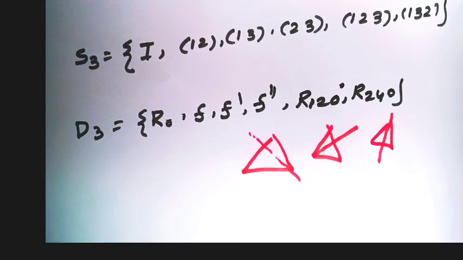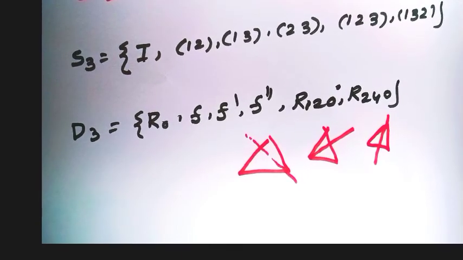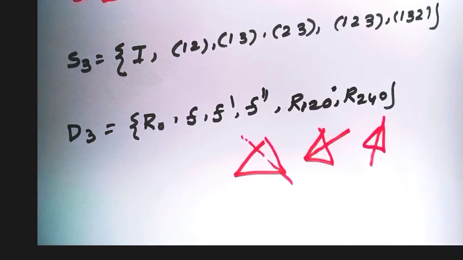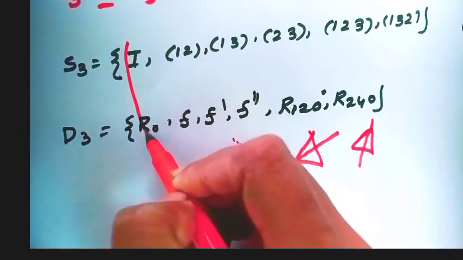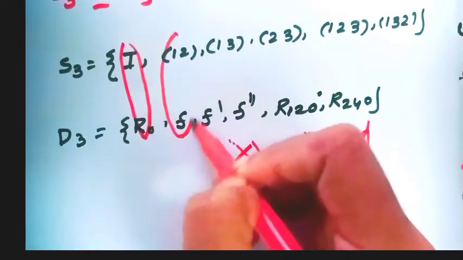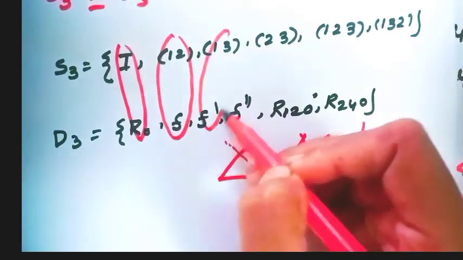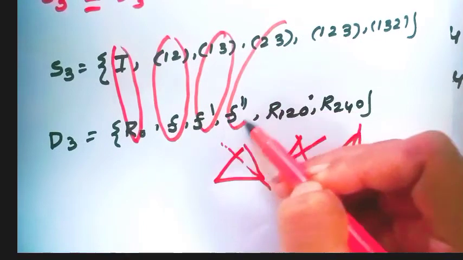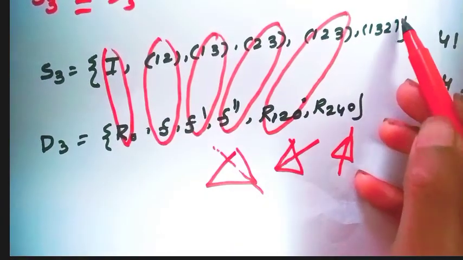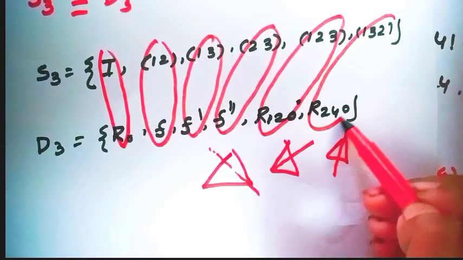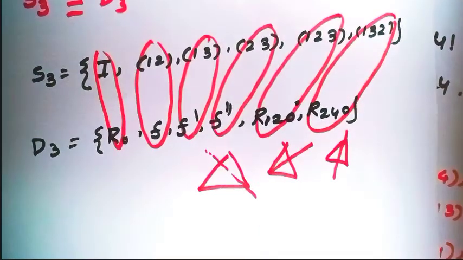we can create an isomorphism from S3 to D3. Associate the identity with R0, (1 2) with F, (1 3) with F prime, (2 3) with F double prime, (1 2 3) with R120 degree and (1 3 2) with R240 degree.